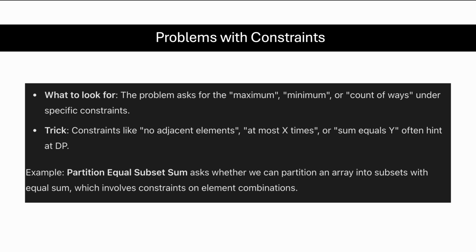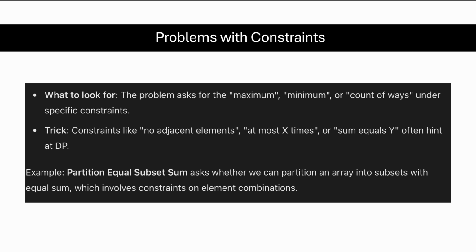For example, given a set of integers, determine if it can be partitioned into two subsets such that the sum of the elements in both subsets is equal. Or it could be such that the sum of the elements in both subsets is at most x, something like that. So if you have constraints in your problem, that is again a clue.